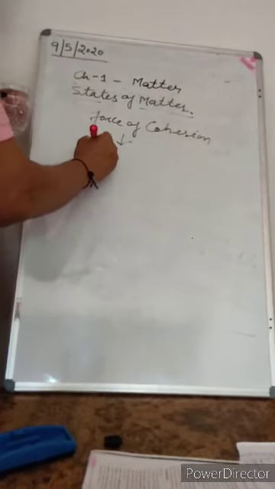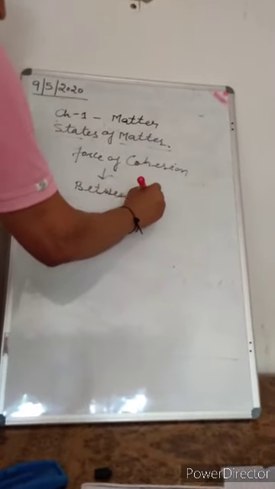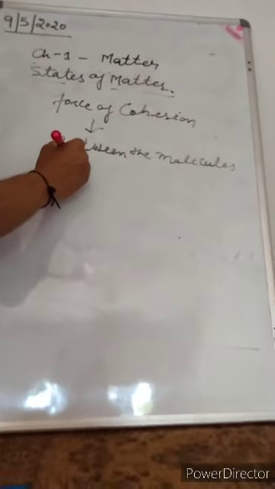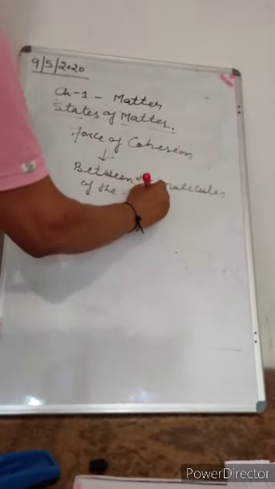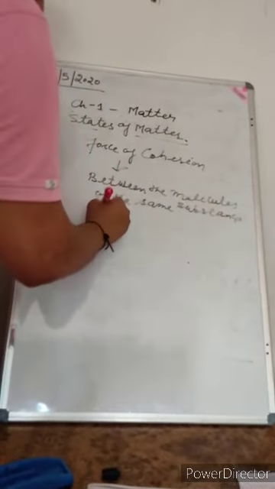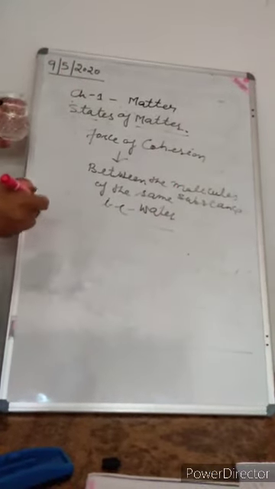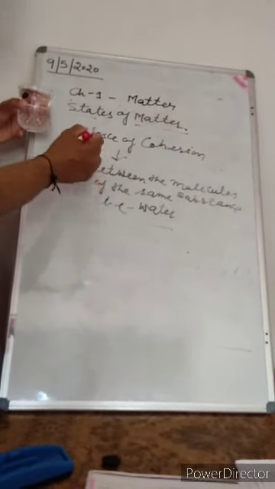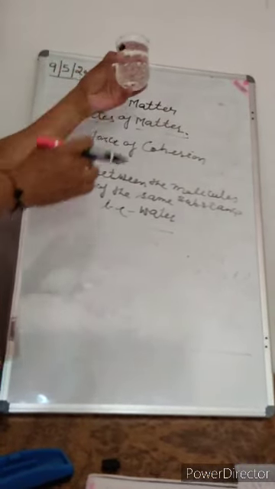This is between the molecules of the same substance, that is water. So what is the force of cohesion? It is the force of attraction between the molecules of the same substance, that is water, like here.